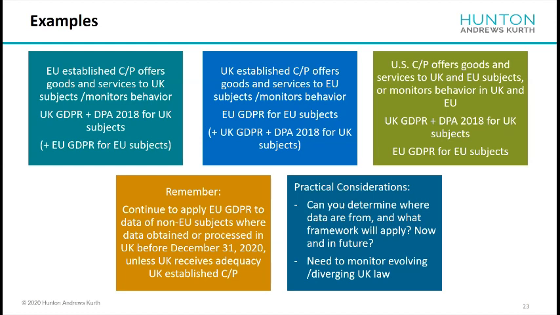The French subsidiary may also need to comply with UK GDPR as well as the EU GDPR, and the facts would need to be considered in more detail to determine whether there's a UK branch or office which is subject to the UK GDPR. So this is more complex and it would need to be closely examined, and transfers would also need to be closely examined.